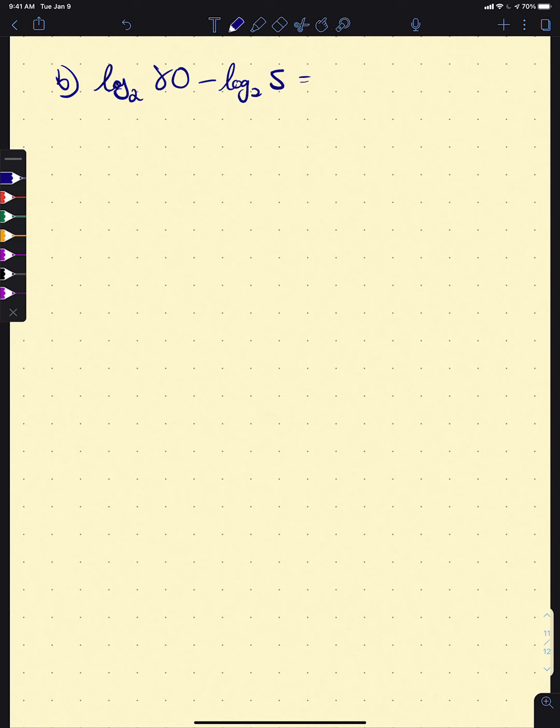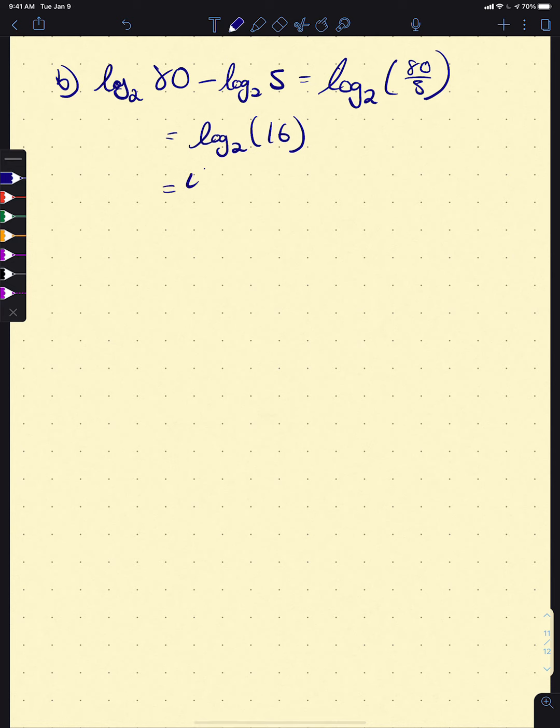But because we're subtracting, we can take log base 2 of 80 divided by 5, right? And this is equal to the log base 2 of, well, 80 divided by 5 is 16, right? And 2 to the 4 equals 16, so our final output is 4.